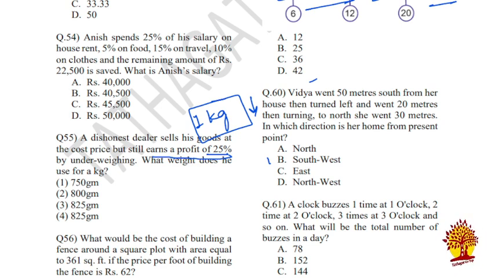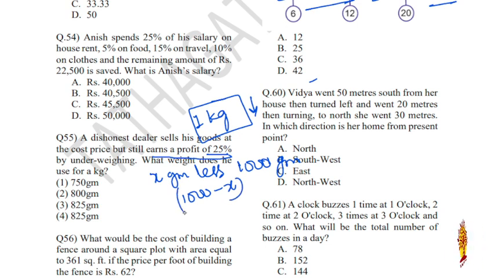For this, let the shopkeeper use x grams less than 1000 grams. Instead of 1000 grams, he uses 1000 minus x grams.